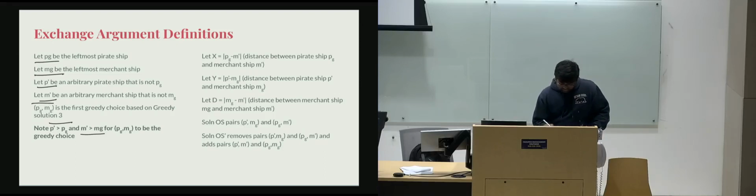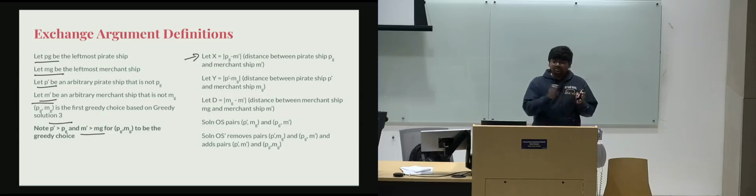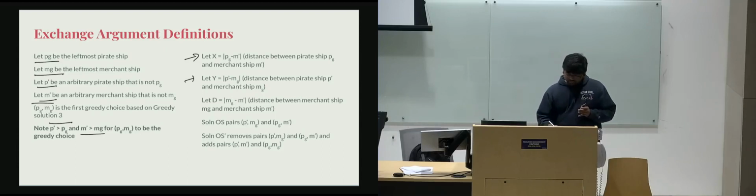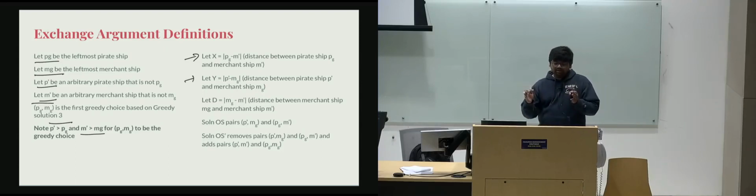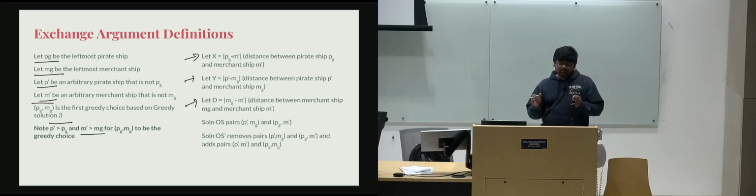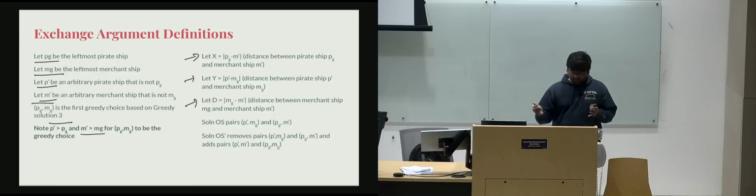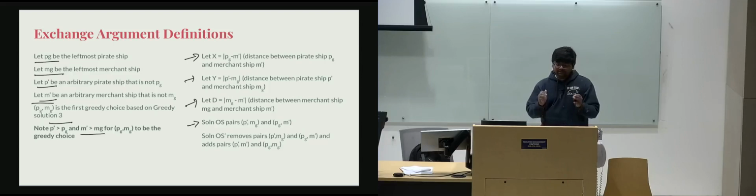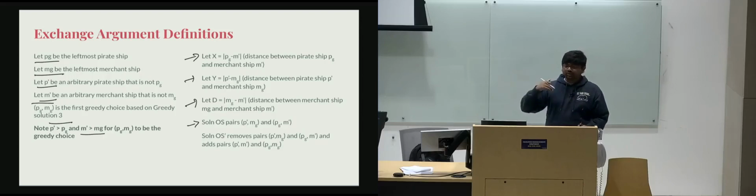And let's define some terms here. Let X be the difference between the leftmost pirate ship and some arbitrary merchant ship. Y be the absolute difference between P prime, some arbitrary pirate ship, and the leftmost merchant ship. And let distance D be the difference between the position of the leftmost merchant ship and some arbitrary merchant ship. OS is pairing this arbitrary pirate ship with the leftmost merchant ship, and the leftmost pirate ship with some arbitrary merchant ship, which is not a greedy solution.